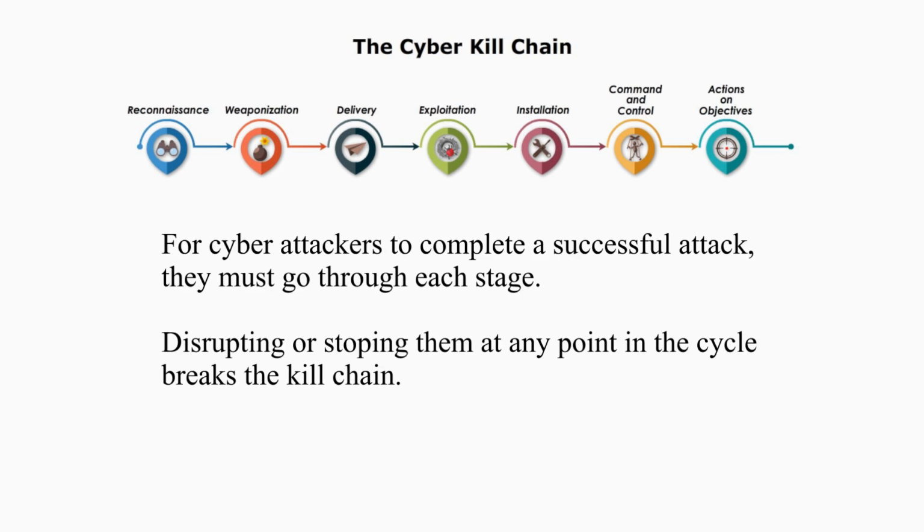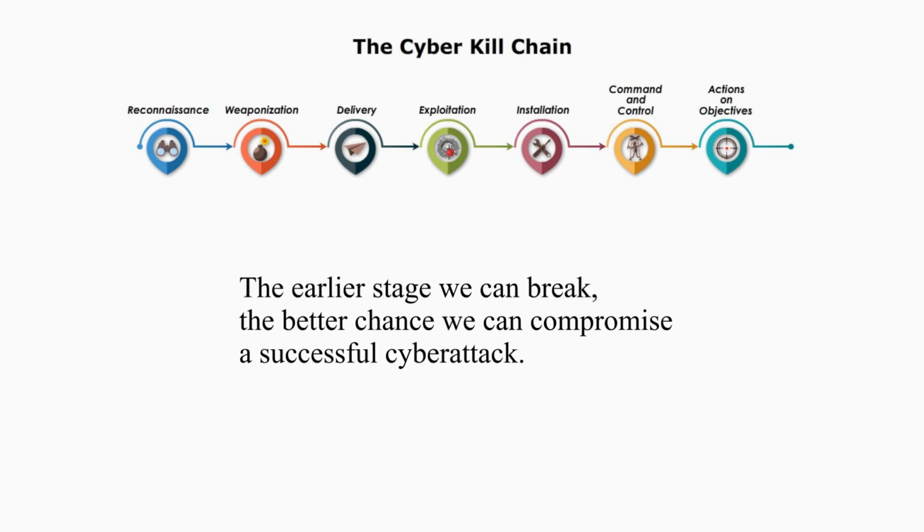For cyber attacks to complete a successful attack, they must go through each stage. Disrupting or stopping them at any point in the circle breaks the kill chain. The earlier the stage we can break, the better chance we have to defeat a successful cyber attack.